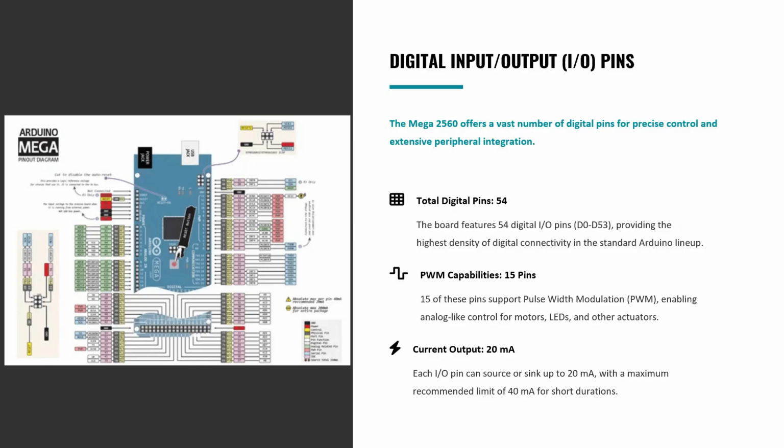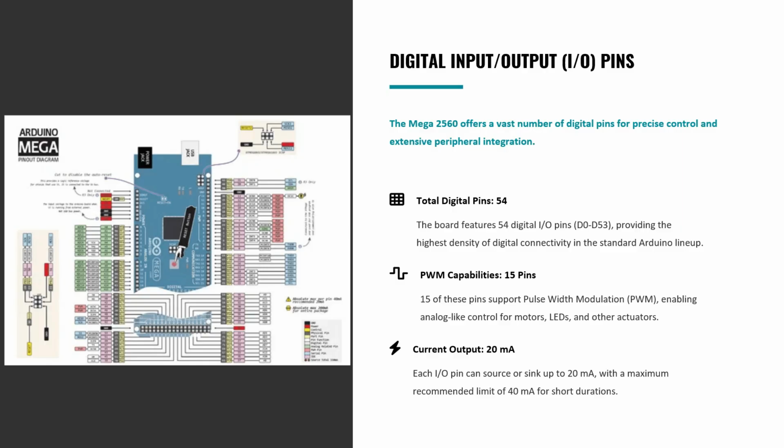Among these pins, 15 pins support pulse width modulation, commonly known as PWM. PWM allows the board to simulate analog output signals by rapidly switching digital signals on and off. This feature is widely used for motor speed control, LED brightness adjustment, and servo motor control. Each digital pin can safely handle a current of around 20 mA, which is sufficient for most control applications.